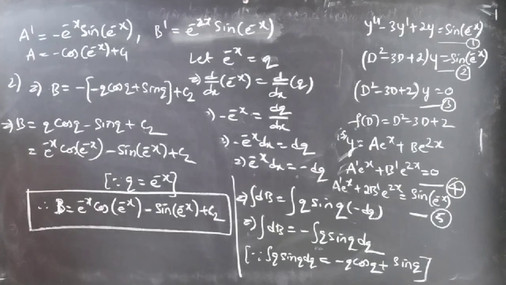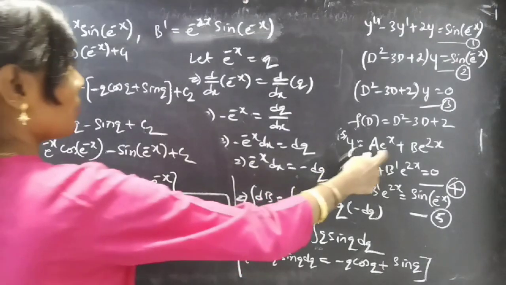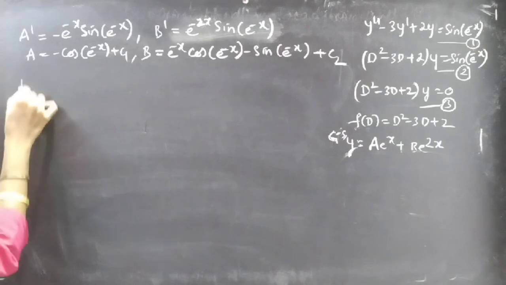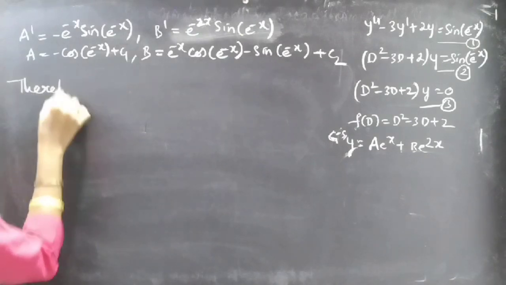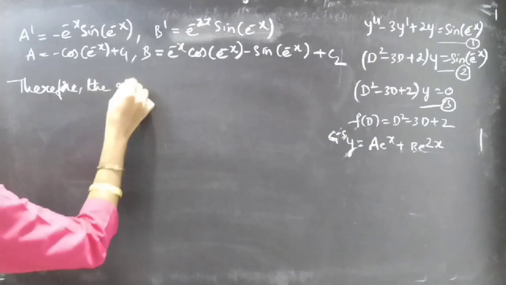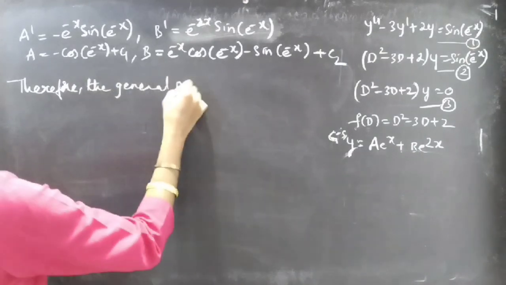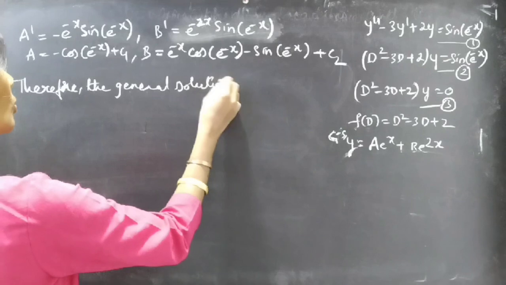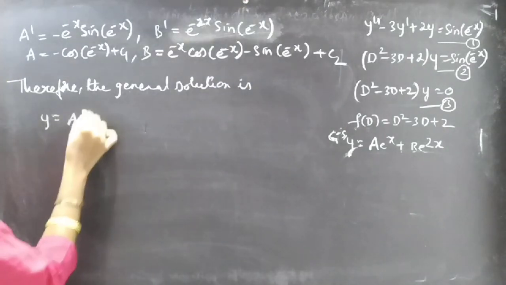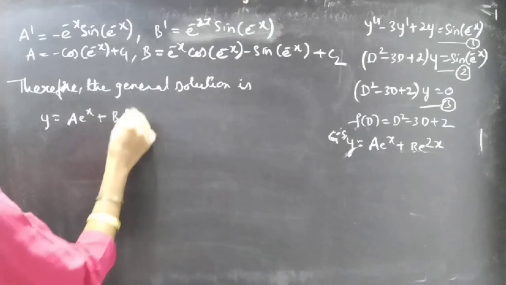Let's now write the general solution using y equal to a e power x plus b e power 2x. Just substitute a, b in this equation. Therefore, the general solution of 1 and 2 is given by y equal to a e power x plus b e power 2x.